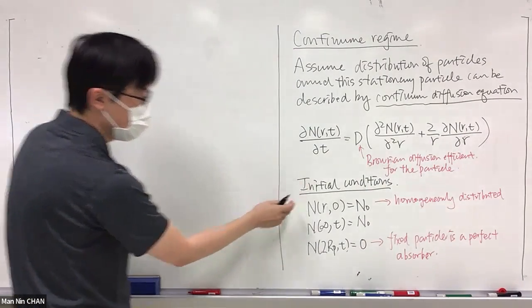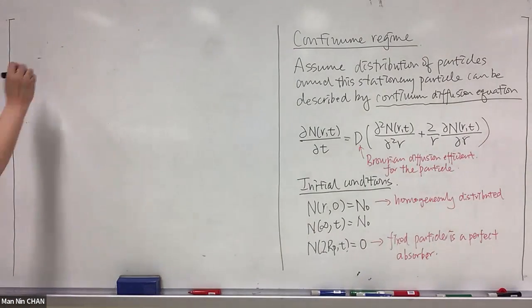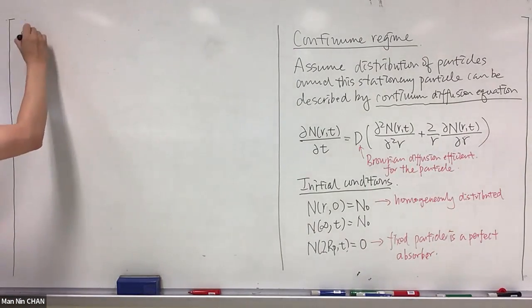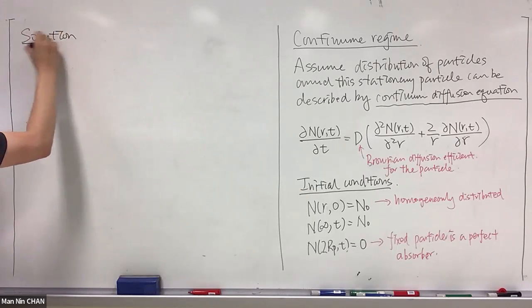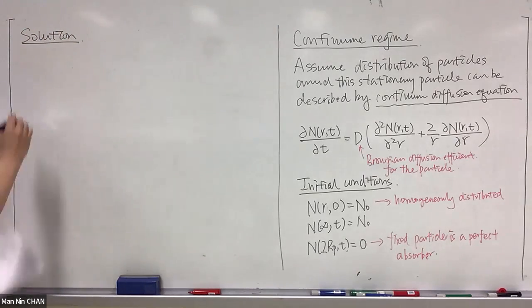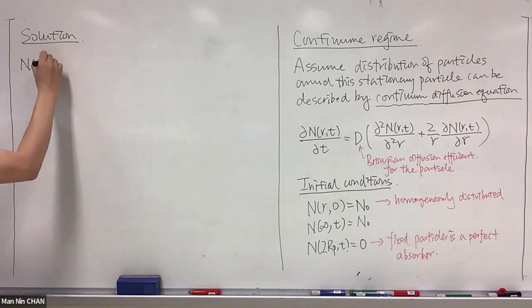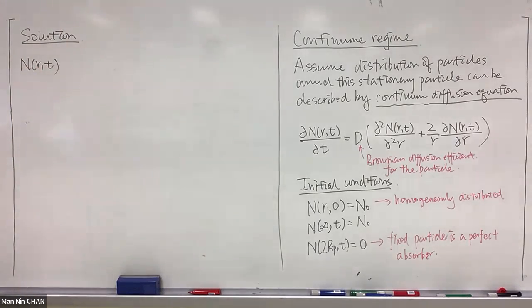Using this equation together with the initial condition, if you solve this, I will just present you the solution. The solution will give you the concentration of the particle at a given radius, at different times.